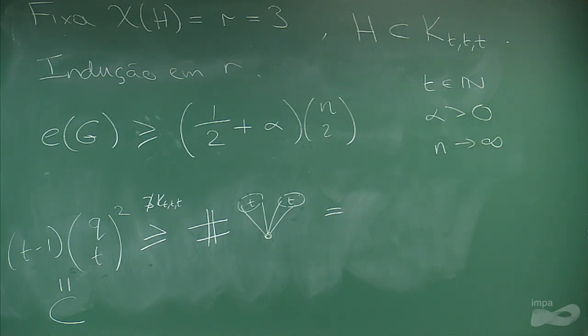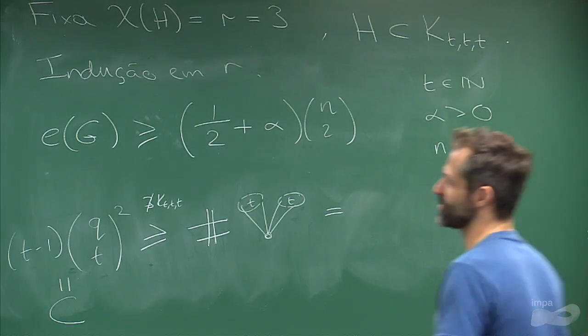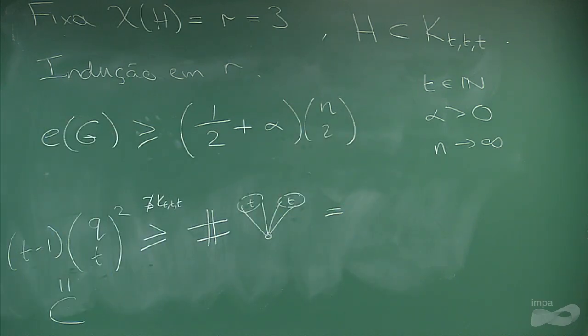What was the number of cherries equal to in the proof of this theorem?